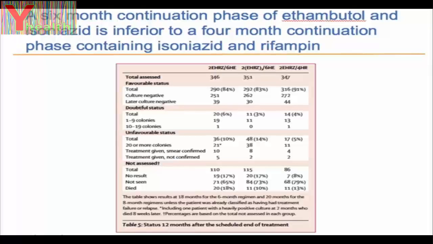In this trial, by Amina Jindani and colleagues published in The Lancet in 2002, you can see that the 6-month regimen, shown in the right-hand column, is associated with an unfavorable outcome only 5% of the time, as we'd mentioned previously. The 8-month regimens, because they have a less effective continuation phase of ethambutol and isoniazid instead of rifampin, have unfavorable outcomes 10 to 14% of the time. So this 8-month regimen is clearly inferior.